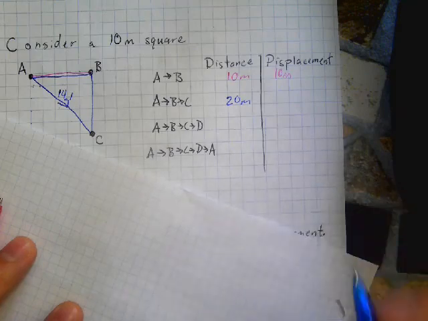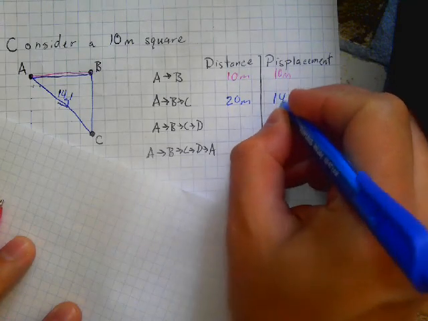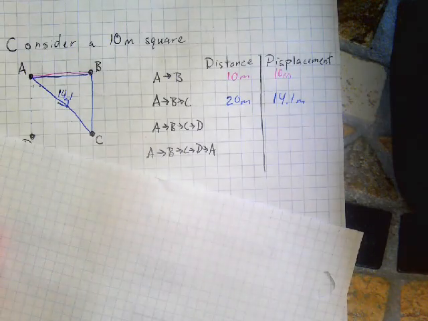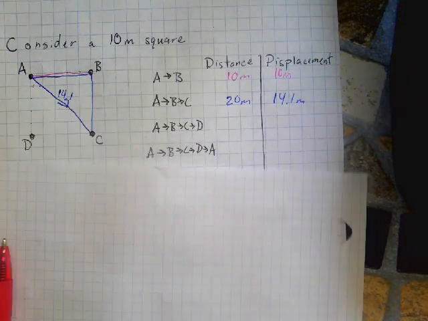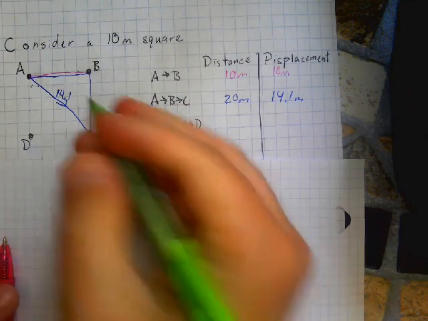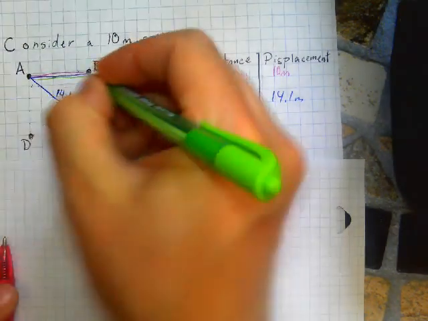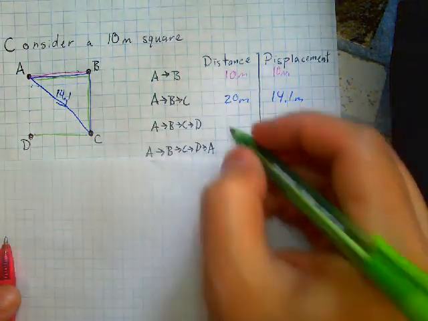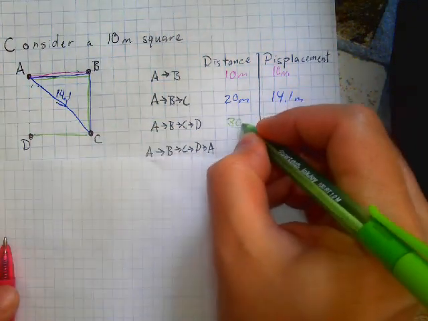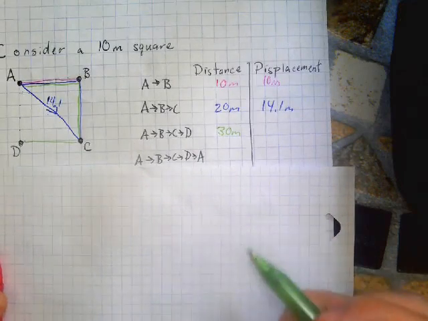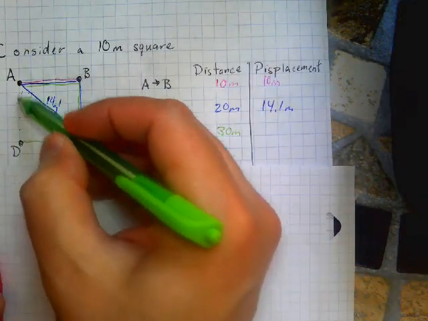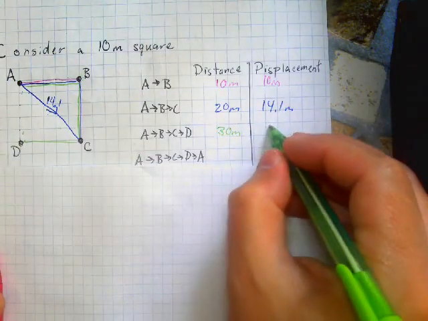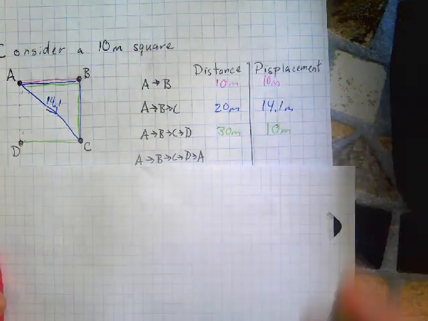So the displacement would be 14.1 meters. If we go from A to B to C to D, now the distance is 30 meters, but how far are we from where we ended up? Only 10. It would just be this here. So it would be back to 10 meters.